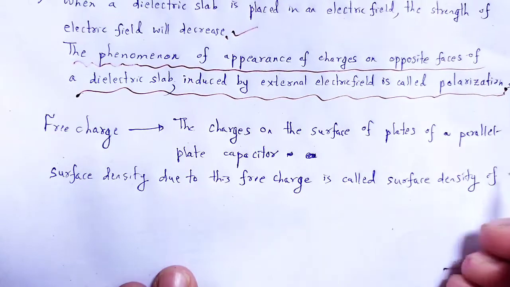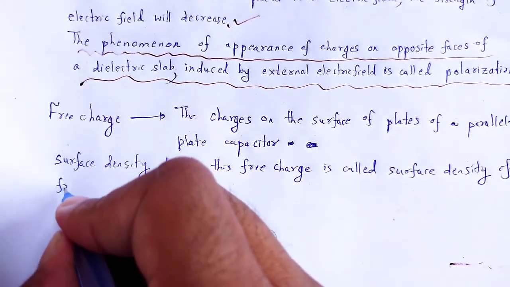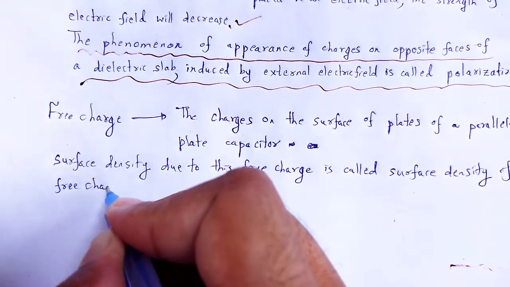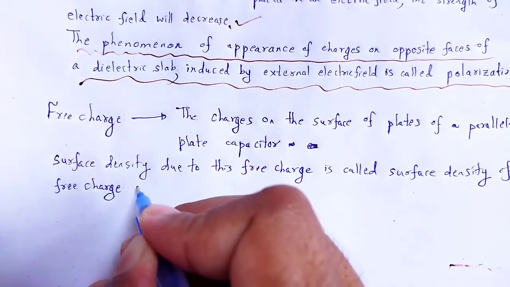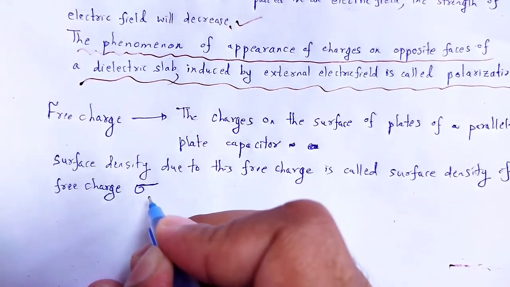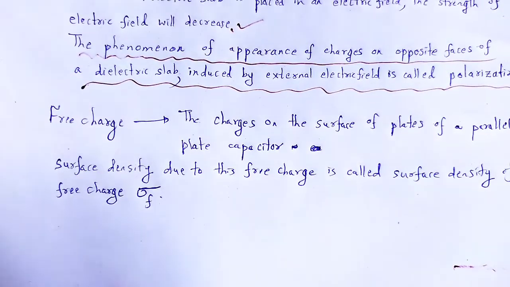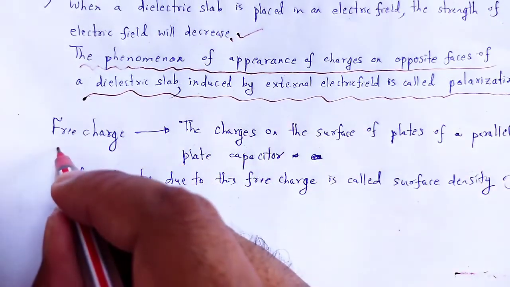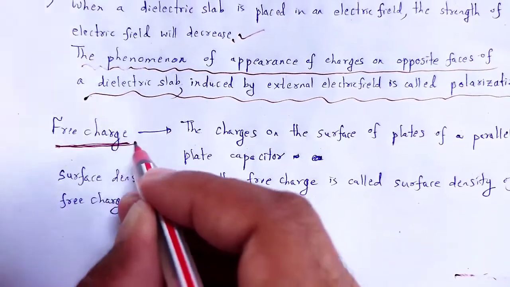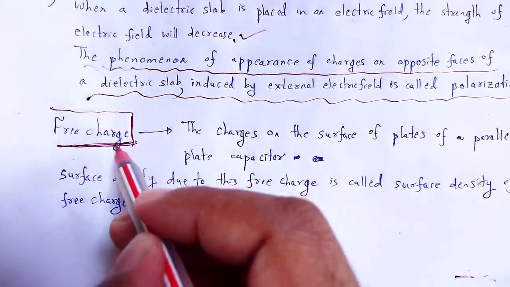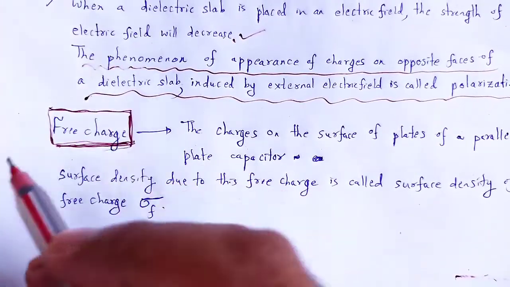Surface density of free charge is denoted by sigma f. This is due to free charge, the concept of free charge.